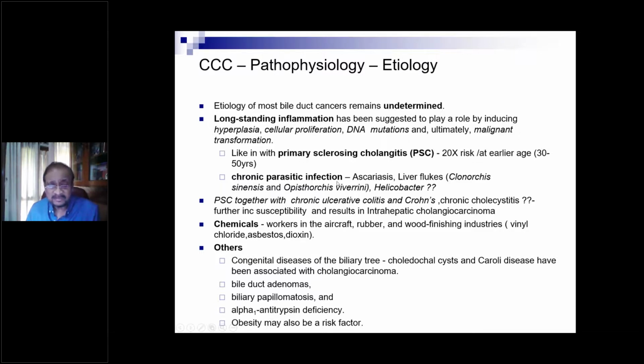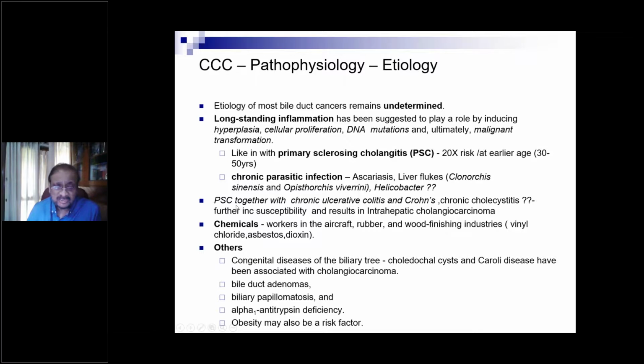Chronic parasitic infection, such as liver fluke, and Helicobacter, does it have a role? All these, whether parasitic infection or primary sclerosing cholangitis, are pre-malignant. They all lead to increased susceptibility to the development of cholangiocarcinoma.